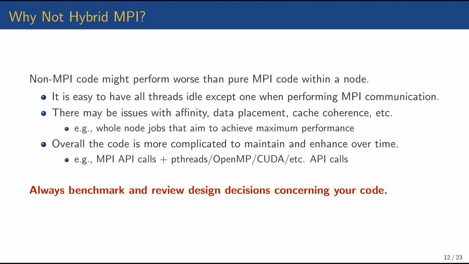A reason to not use MPI: if you're using, say, OpenMP code in a naive way, or pthreads code in a naive way, it's very easy to have all your threads idle when you're performing MPI communications. And you kind of don't want to do that.